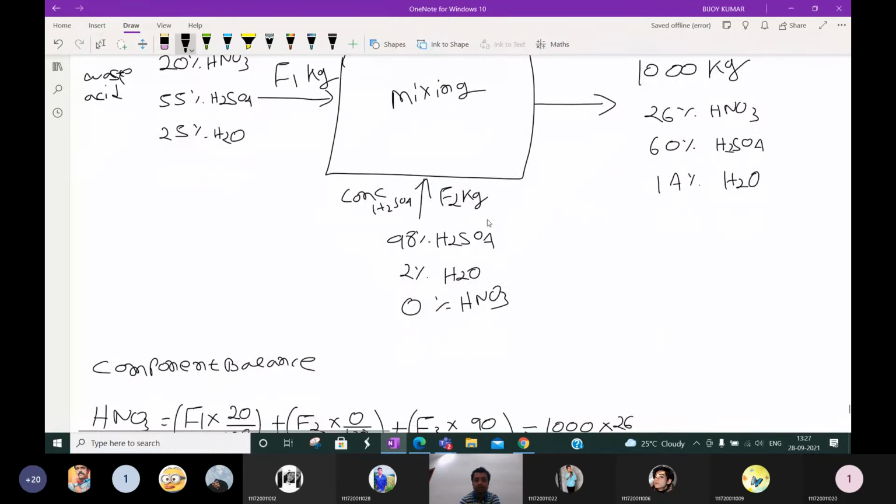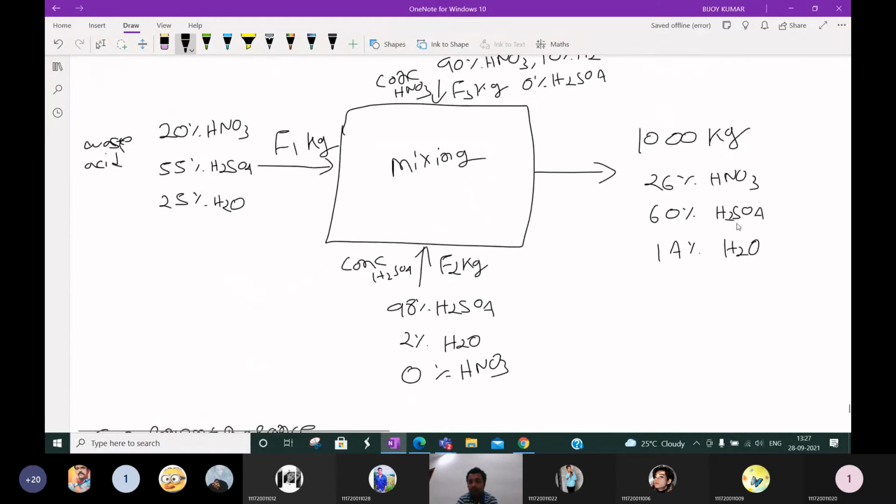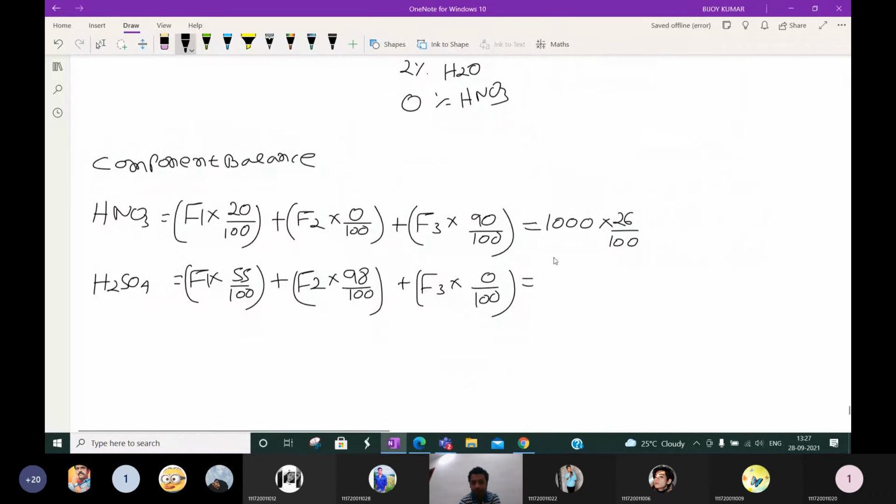So we have F3 into 0 by 100 is equal to the H2SO4 in the product, 60% of 1000 kg, so it will be 1000 into 60 by 100.